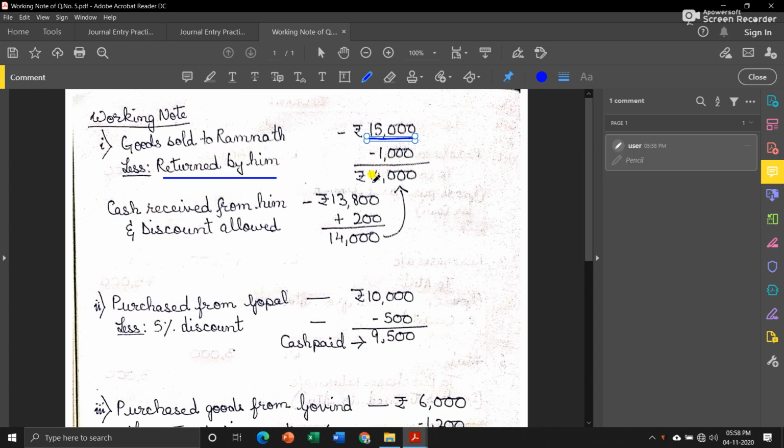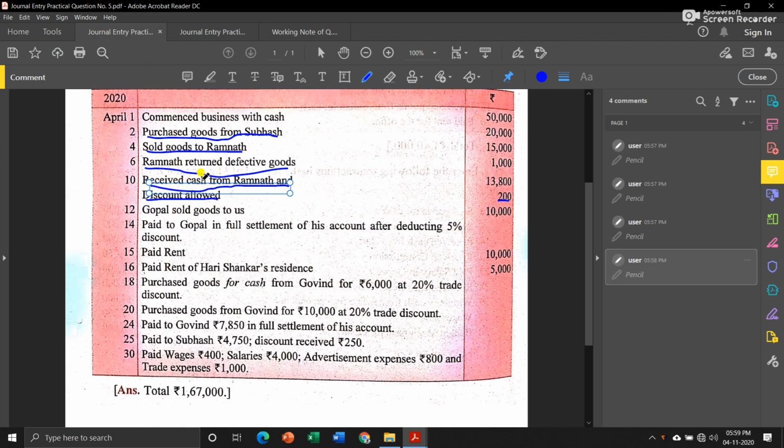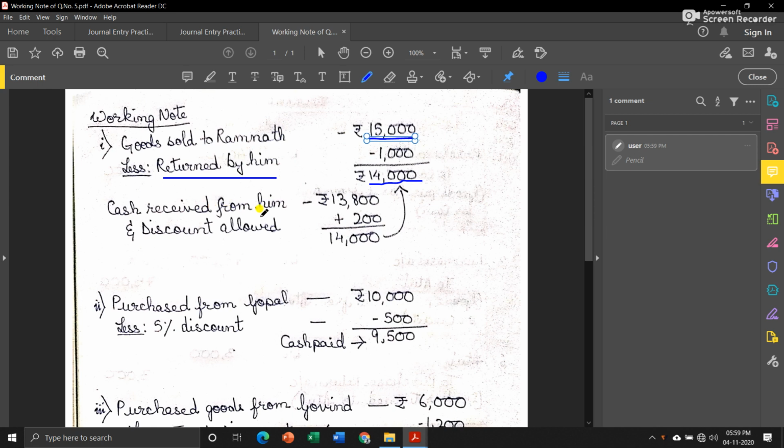That means we have to receive 14,000 from him, but in the question they have given that we received from him 13,800 and 200 is our discount allowed. So altogether if we add these two, it is 14,000, which we were supposed to receive from Ramnath.